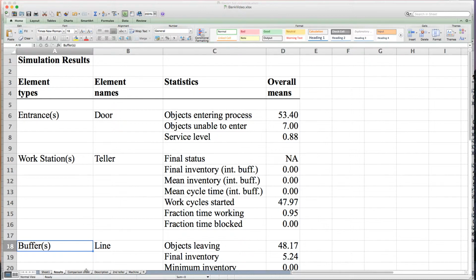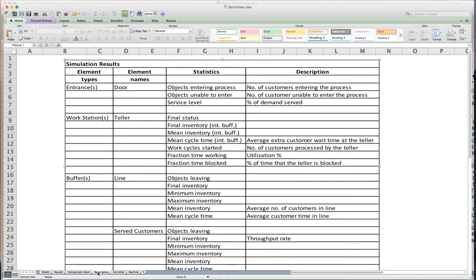So looking down through, we have our entrance of the door. Now remember our little descriptor sheet that we looked at in class. What you see on this descriptor sheet that's in your PowerPoint slides is literally, as the name suggests, a description of what happens or the data that's recorded for each part of the process. So for example, we'll only ever have one entrance. What's recorded for the entrance is the number of people entering the process, the number of people unable to enter.